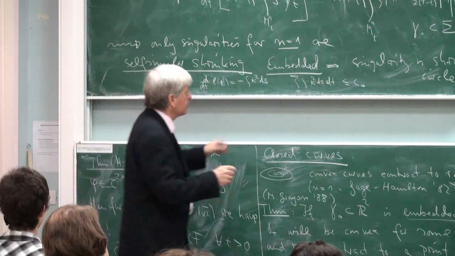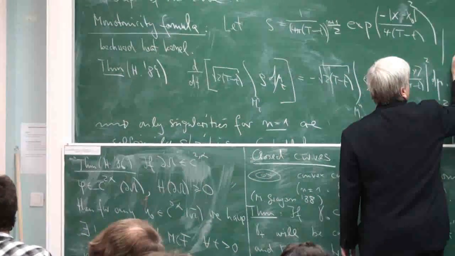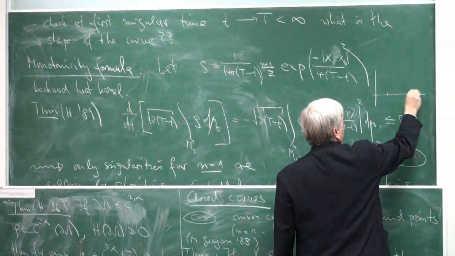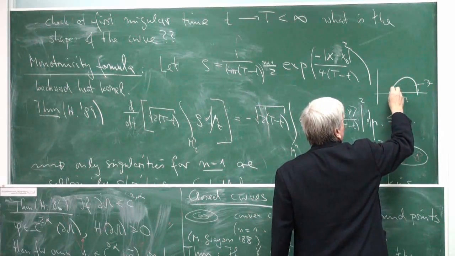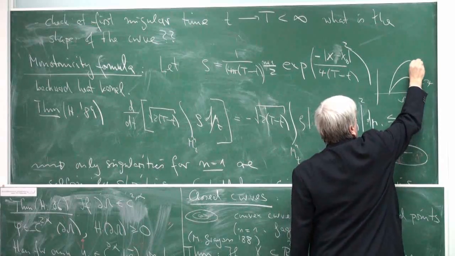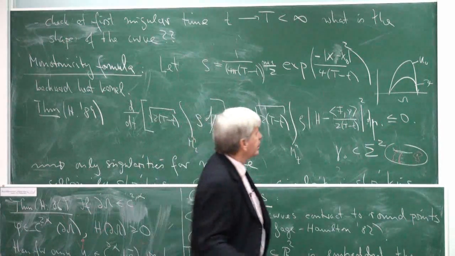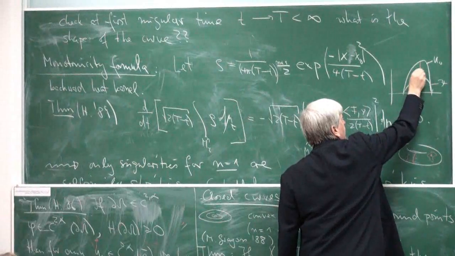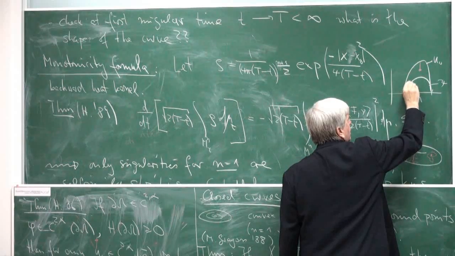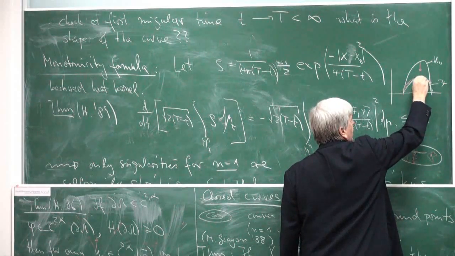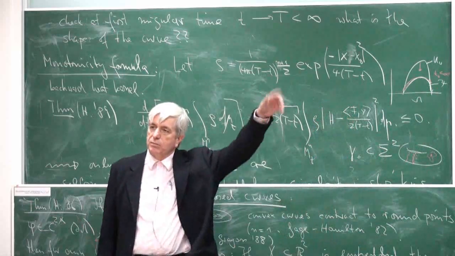If you have the obstacle like this, here's your domain omega, and here's your obstacle psi, and here is your initial data u0. If the picture is like this, of course, this will hit the obstacle somewhere in finite time. It will come through in finite time.